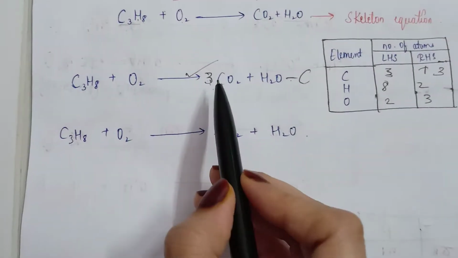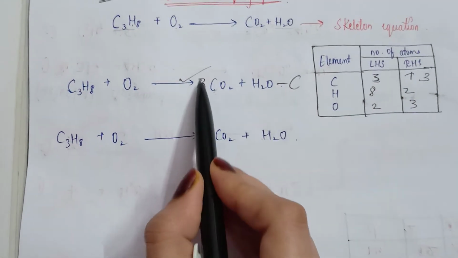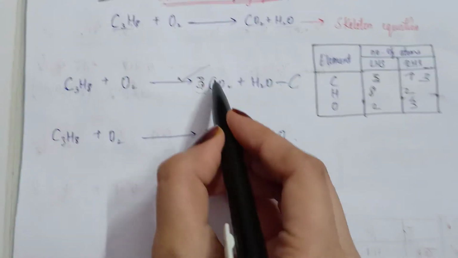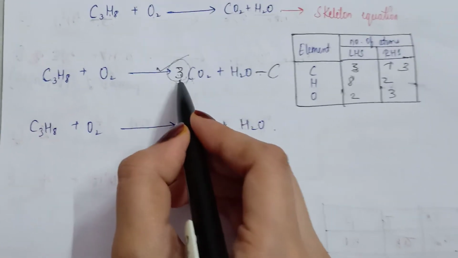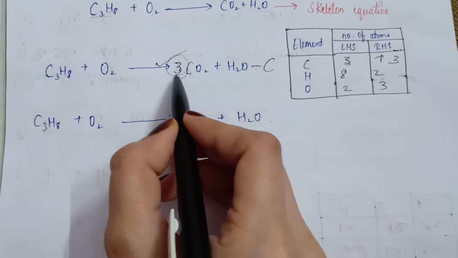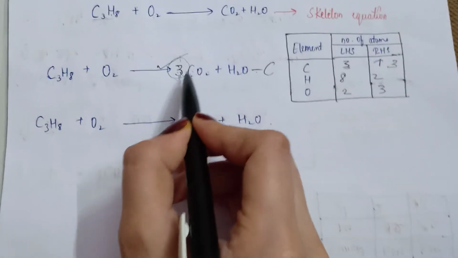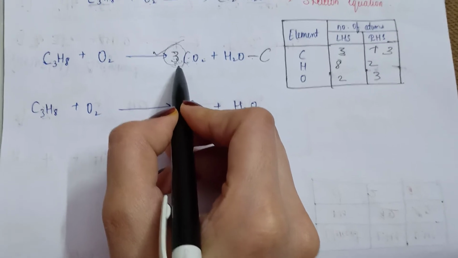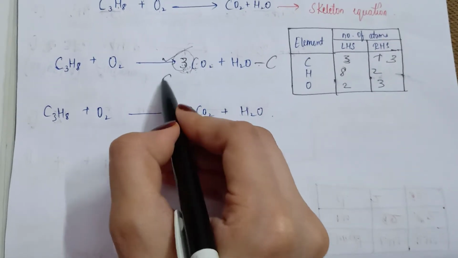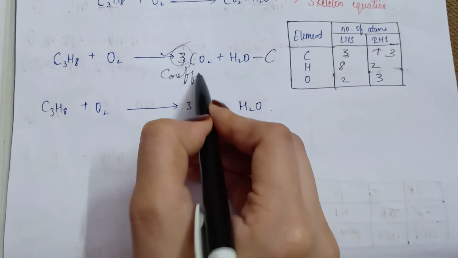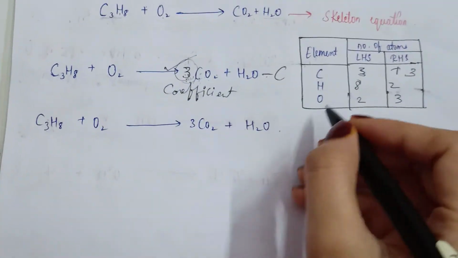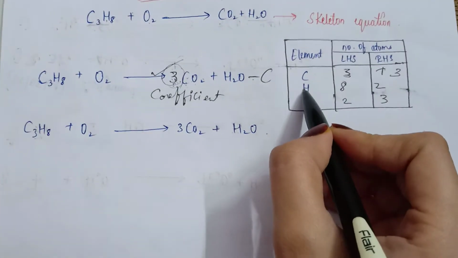Students, before that, remember that the number which we multiply before the atoms or the element is generally called a coefficient. What is called a coefficient? Coefficient, right? So let us balance our hydrogen.